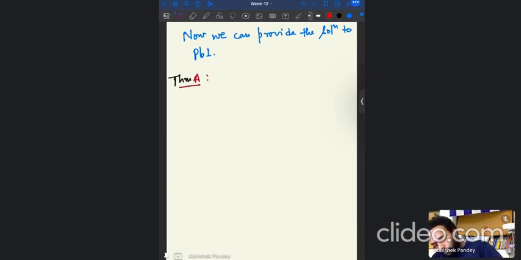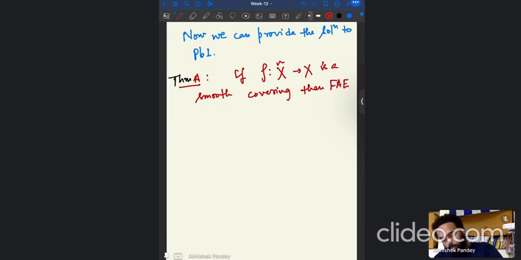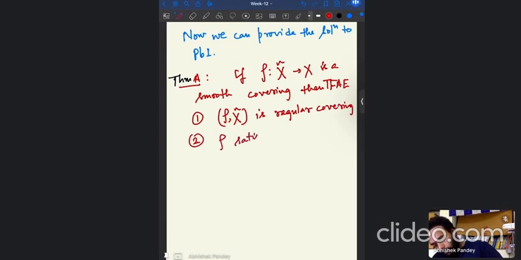If rho from X tilde to X is a smooth covering, then the following are equivalent: first, rho, X tilde is a regular covering; second, rho satisfies condition A. So basically we have characterized when we have a lift.